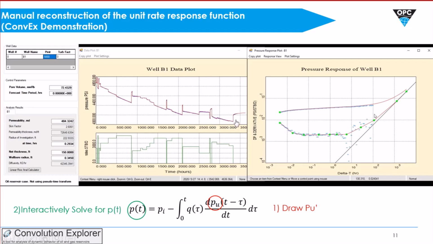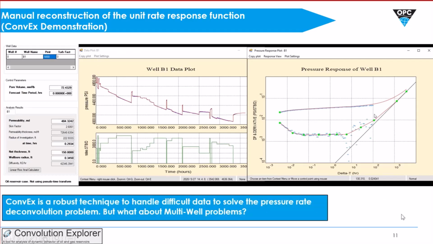Remember, conventional deconvolution would have this data for the final PBU and a very small pressure point, and I'd have no idea if the result was a good one. But here I quite clearly see the result of this unit rate response function against the whole data set. So ConvEx is a much more robust technique to handle difficult data to solve the pressure rate deconvolution problem. But what about multi-well problems?